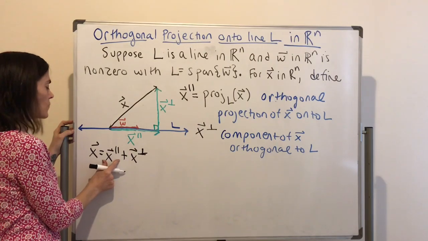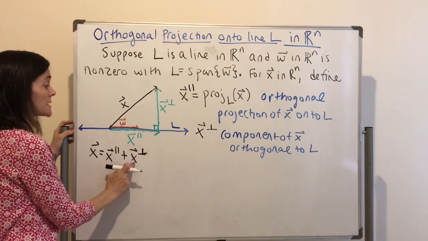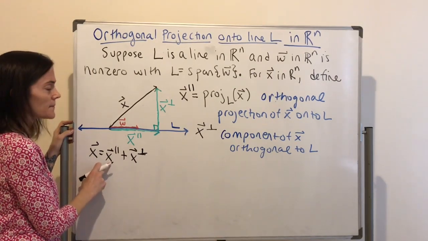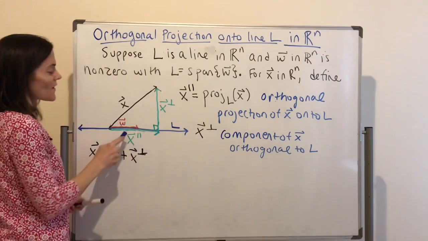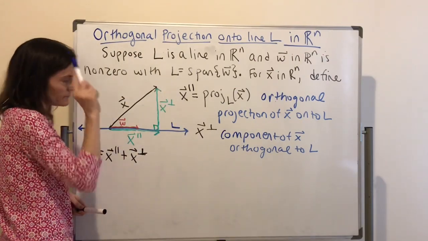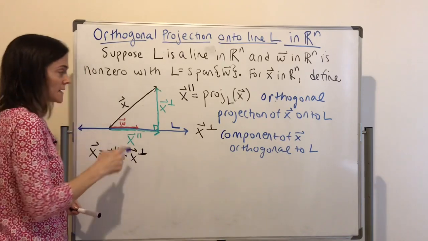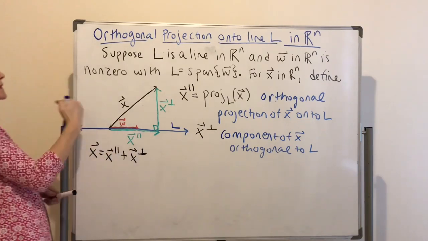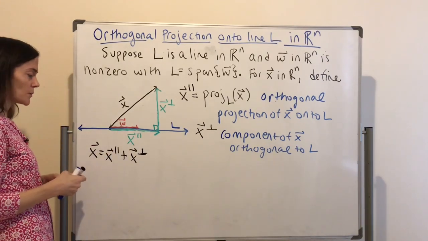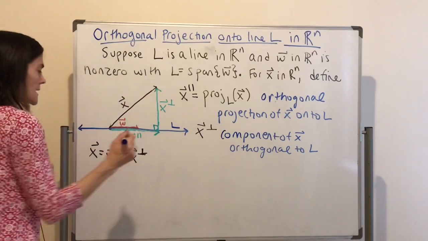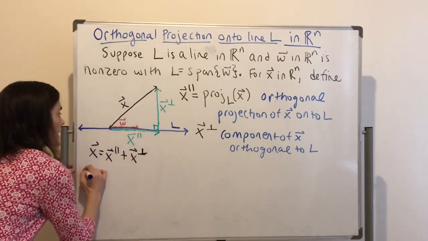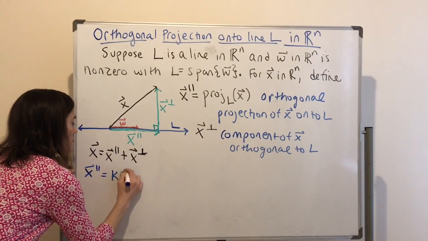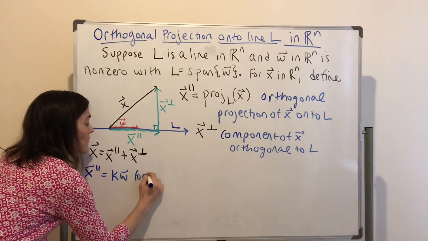And once we have this, then we sort of have everything else, because in particular this vector is x minus the orthogonal projection. What do we know? First of all, this x with two bars, the orthogonal projection, you notice it's a scalar multiple of w, right? Even if it went the other direction, it would still be a scalar multiple of w. So what we see here is that this vector is kw for some k, and we will find this k.